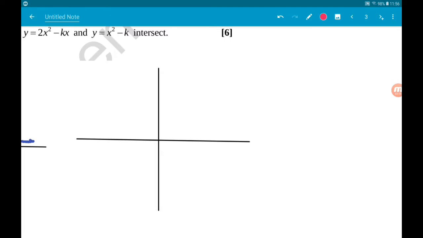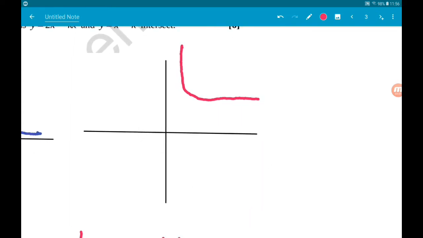So the top right isn't going to look too different. It's going to look something like that. And the bottom left is going to look a bit different. It is now going to cut the x-axis. That doesn't look very good. Let's try that again. So, that's better. Okay, so that's how our sketch is going to look.